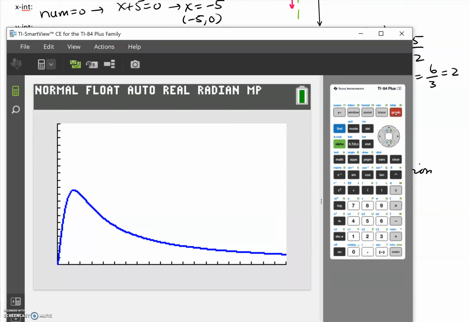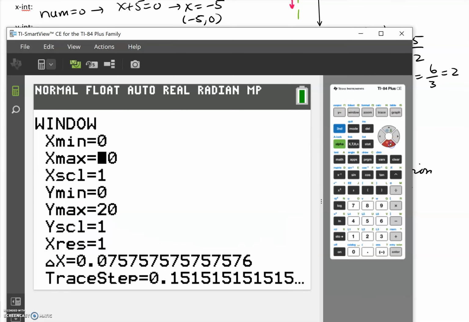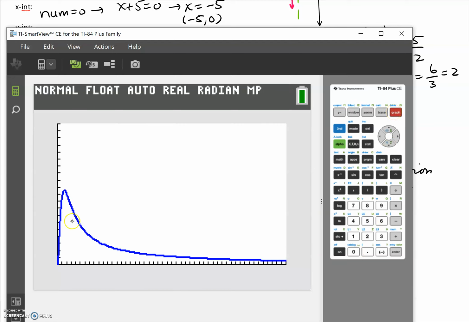So it looks like the concentration starts at 0, goes up, reaches a peak, a maximum, and then it slowly becomes lower and lower. And if I go to window and walk all the way to the right, let's make the x max like 50. Notice it gets lower and lower, closer to the x-axis.